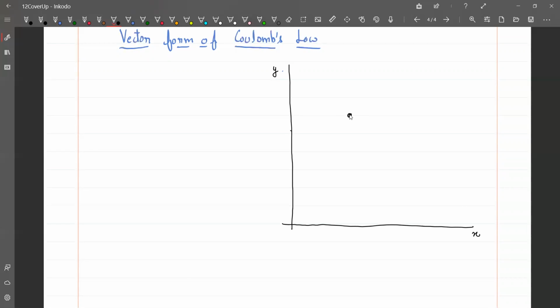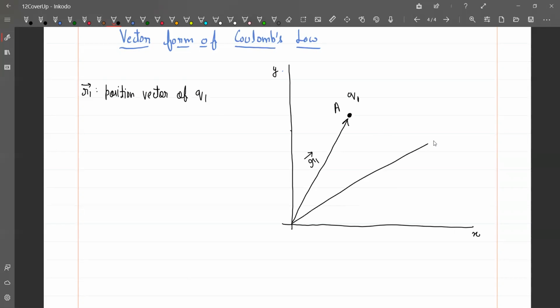Suppose I have the first charge, which is placed at point A. Let us say the magnitude is q1. And this is the first vector, position vector r1. So r1 vector will be called the position vector of q1. Similarly, we have another charge q2, which is placed at, let us say, point B, and its position vector is r2 vector.